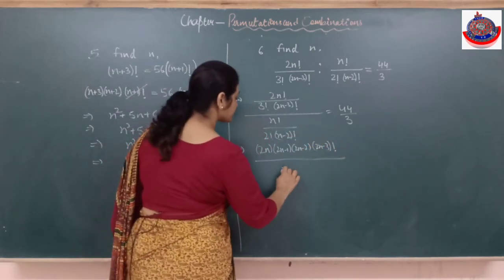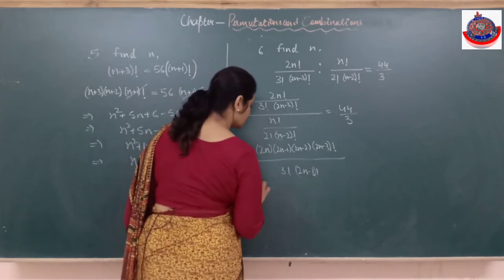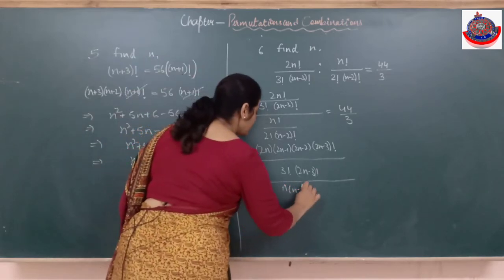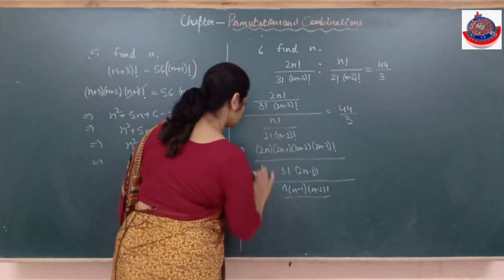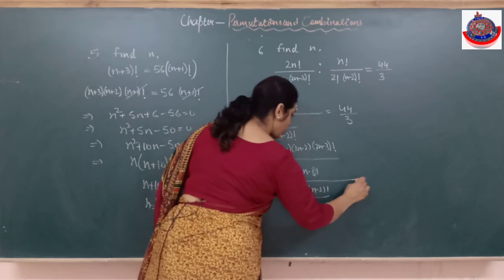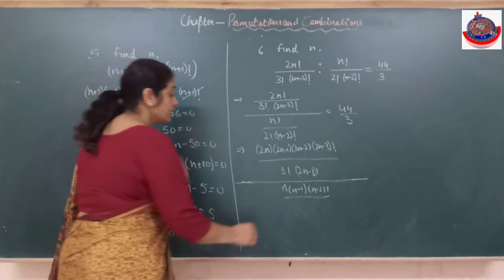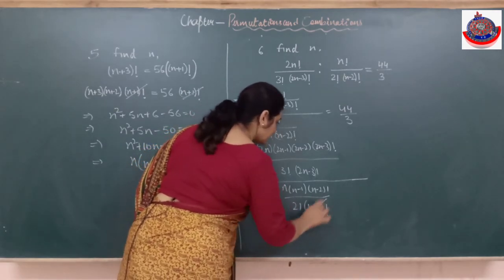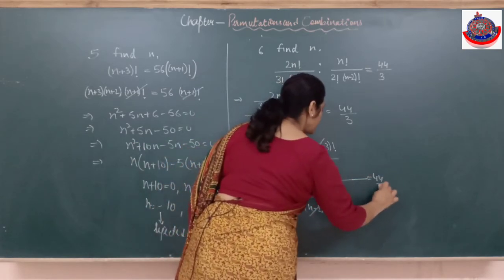Alright? Similarly, here n minus 1, n minus 2 is given. Then you have denominators to denominators, so differentiated by bigger line and the smaller line. Cancel, equals to 44 by 3.